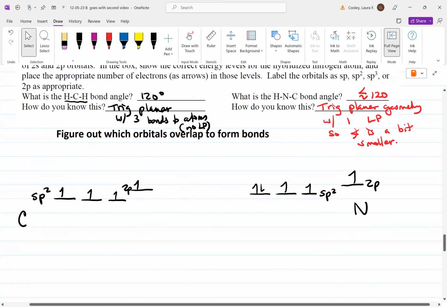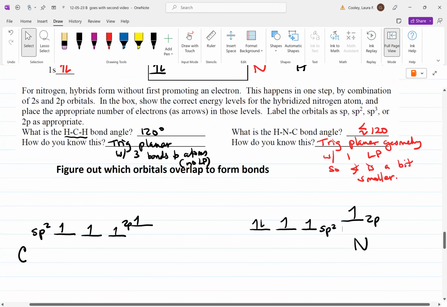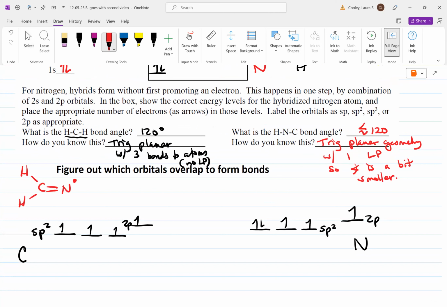So what are these overlaps going to be? Well, notice, because again we have this Lewis structure, that 2 of these sp2s will overlap with hydrogen 1s orbitals.